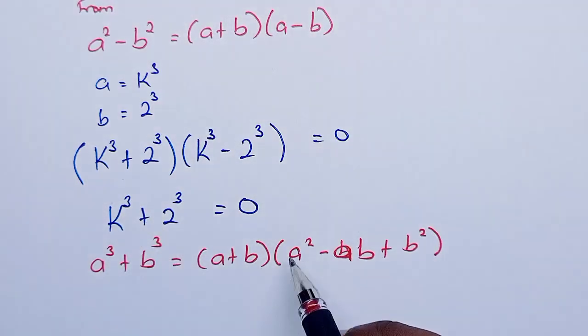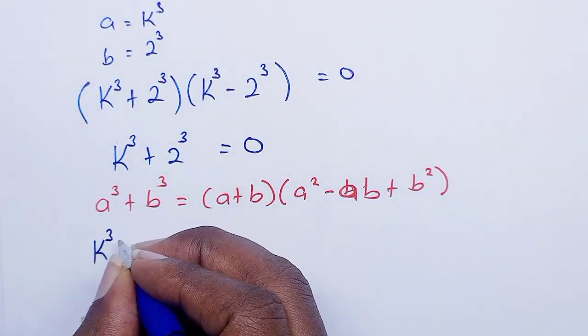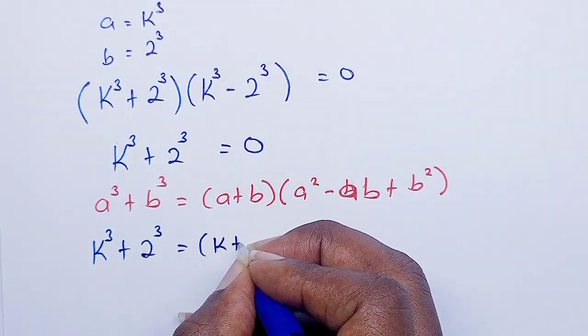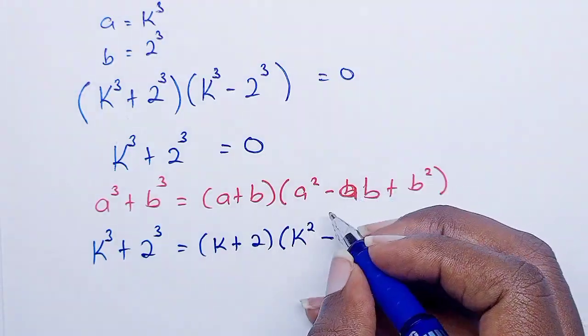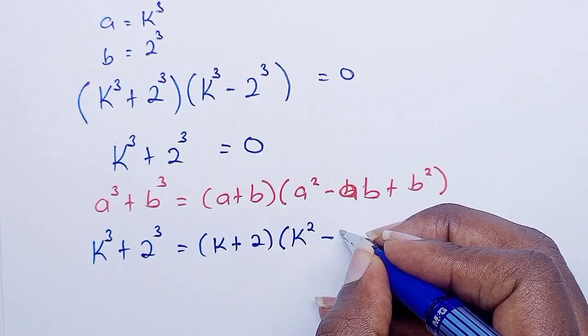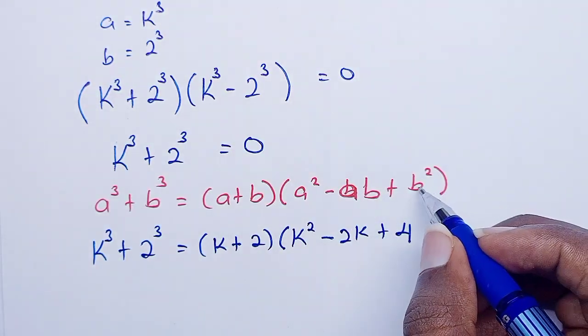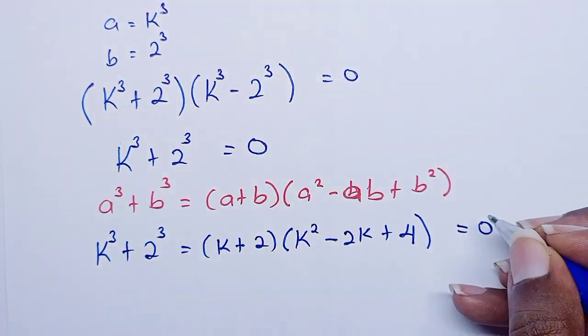So writing this in this form, k to power 3 plus 2 power 3 will be equal to k plus 2 into k squared minus 2k plus 4, since 2 squared is 4. This is equal to 0.